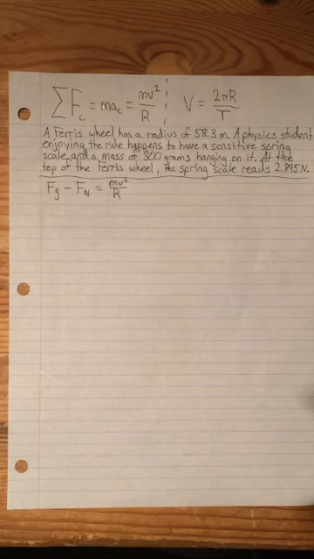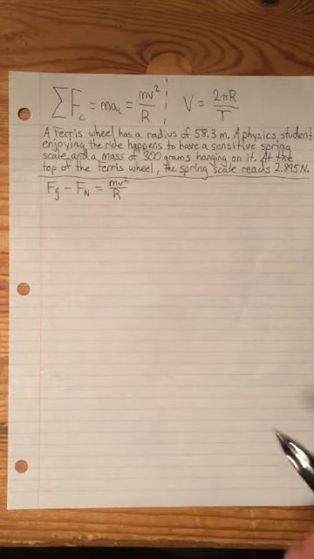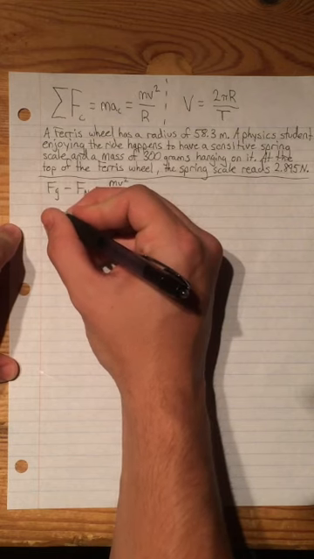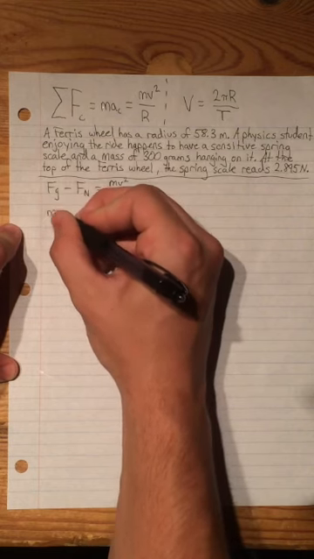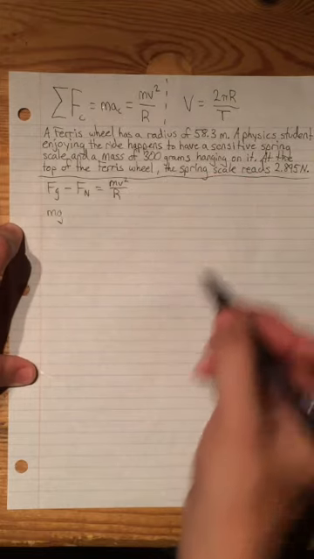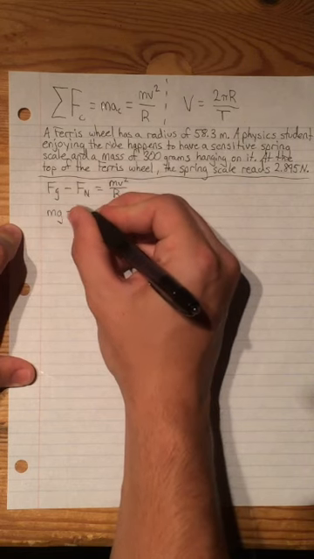So now we have our equation, and we can start substituting our force of gravity and normal force for what we know. Our force of gravity is always equal to mass times gravity, and in this case our normal force is going to be what the spring scale reads, so we can just keep that for now.